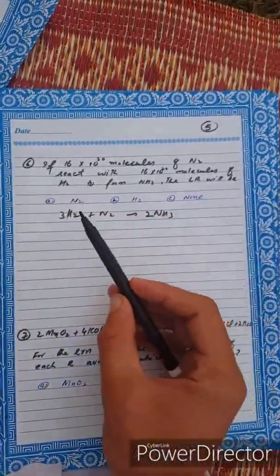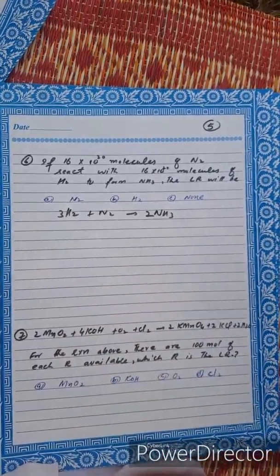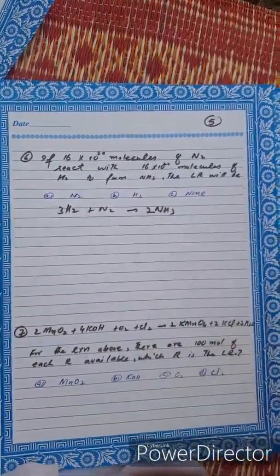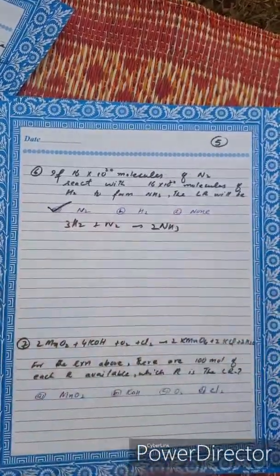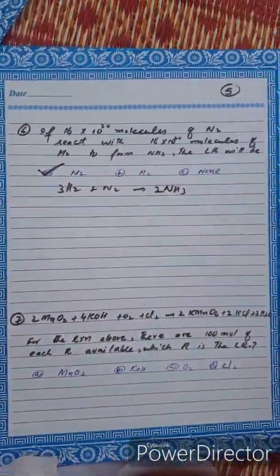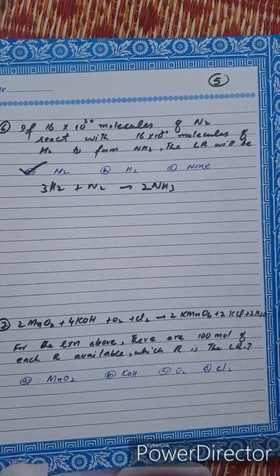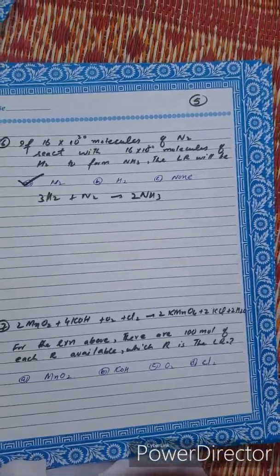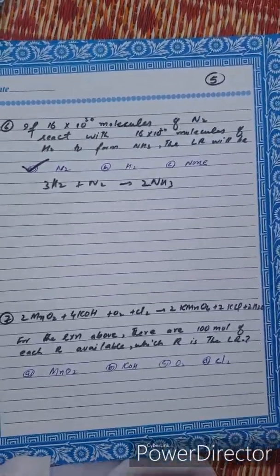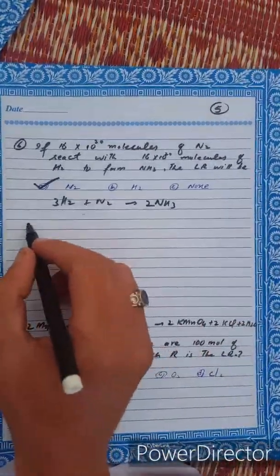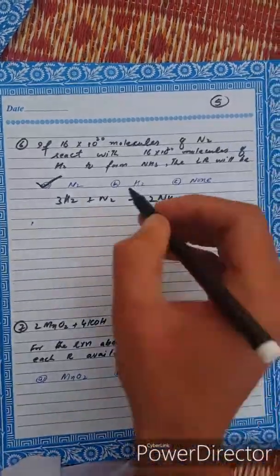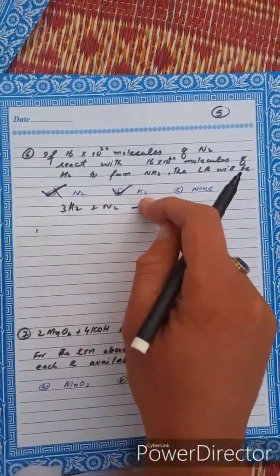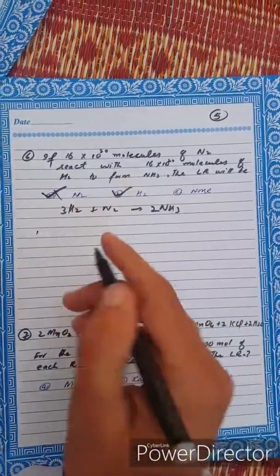Now it is the same concept again. The limiting reagent will be hydrogen. These are very great shortcuts and they help us solve the problem within seconds. Hydrogen will be the limiting reagent because it has the greater coefficient.